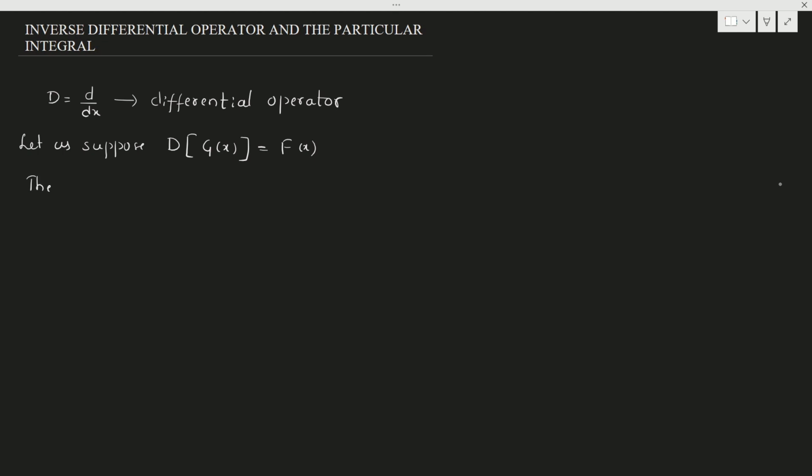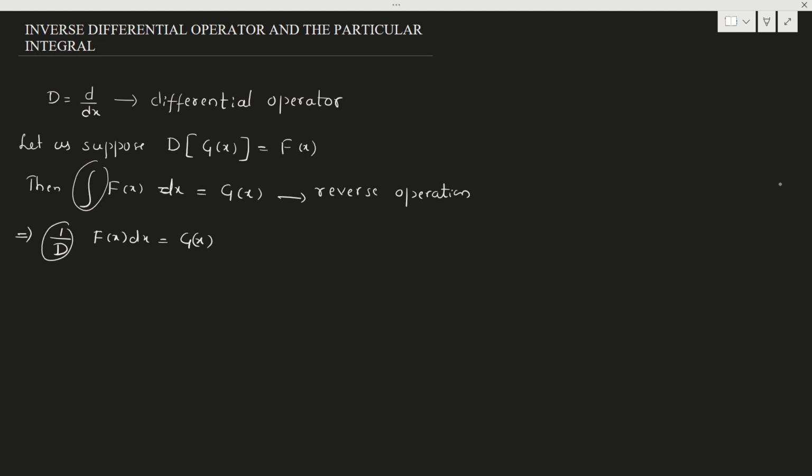Then the integration of f of x dx is equal to g of x. This is the reverse operation of D. Equivalently, instead of the integral symbol, I can use 1 by D. So 1 by D f of x is equal to g of x.